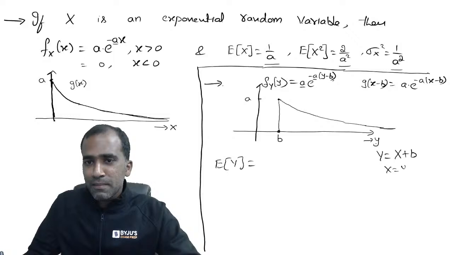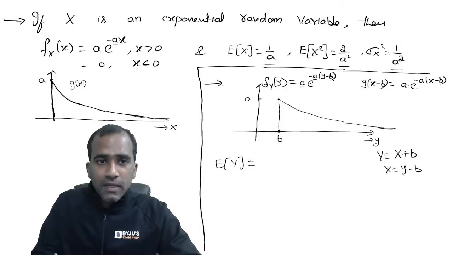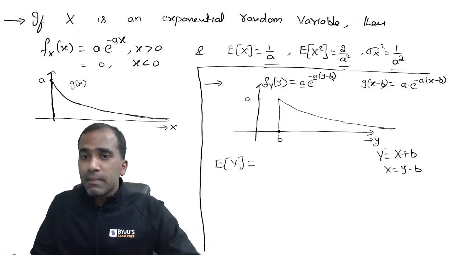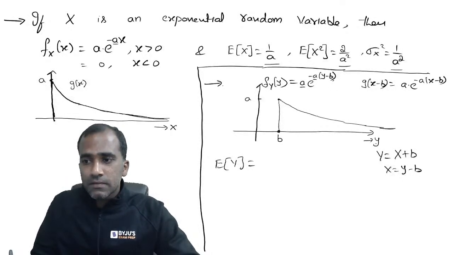Or x equal to y minus b, can we say that? See this one, in place of x we have replaced with y minus b. So the relation between x and y is x equal to y minus b, right? Okay, so y equal to x plus b.